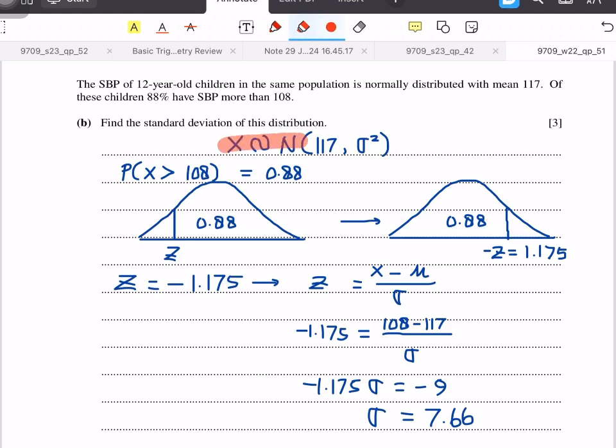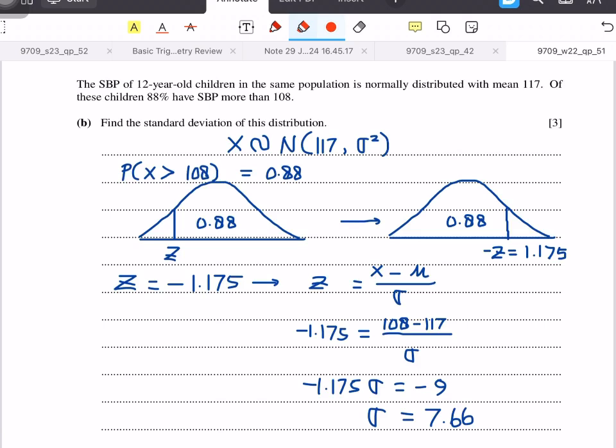So X is normally distributed with mean 117 but unknown variance, let's say sigma squared. The information that we have from the question is that probability X greater than 108 is 0.88.